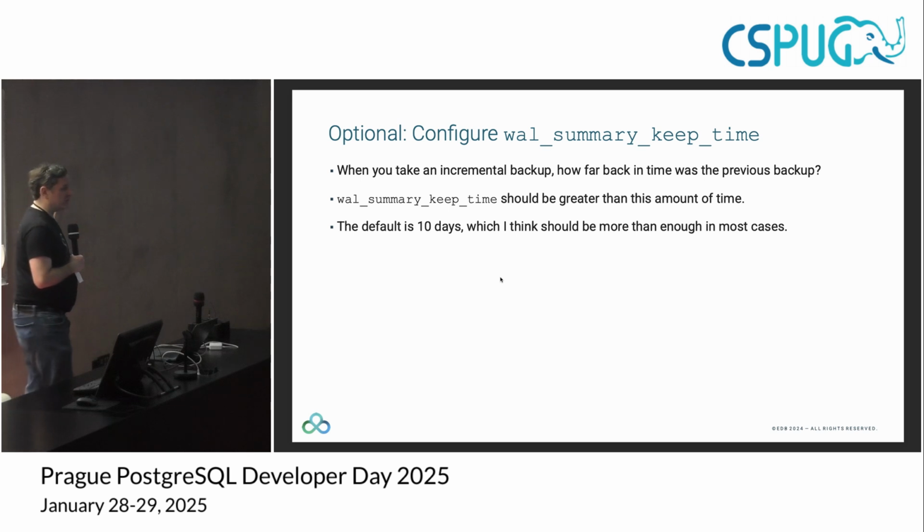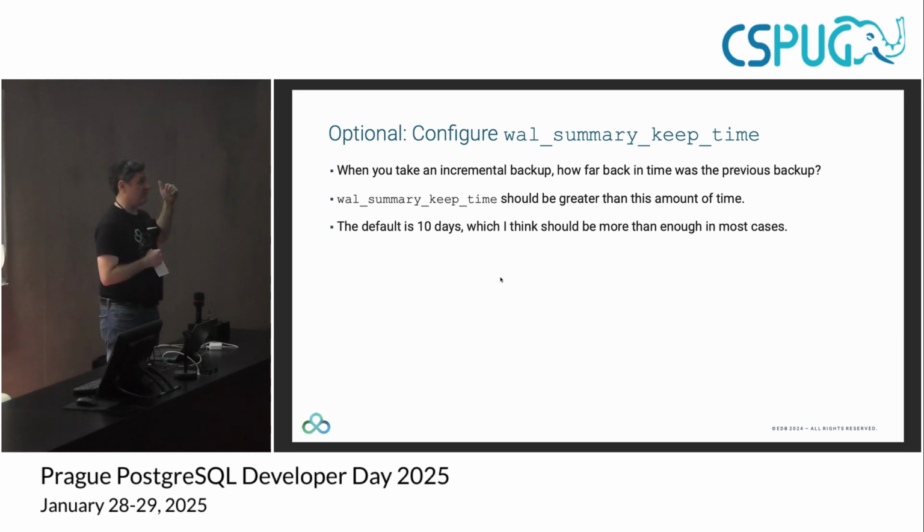So in the example we just did, it would be a day, right? Because we were taking an incremental backup on Monday and then another incremental backup on Tuesday, so the elapsed time was 1 day. So to make that example work, we would want wal_summary_keep_time to be more than 1 day.